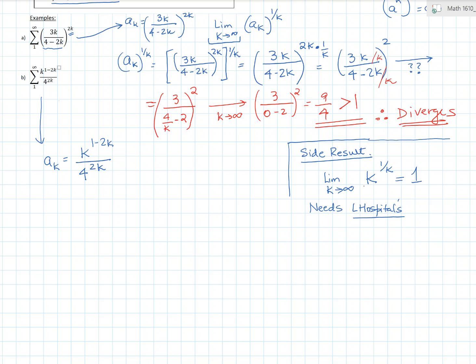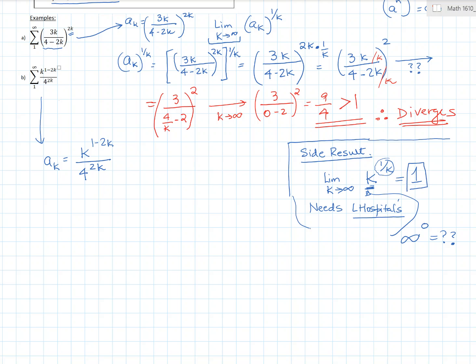As k goes to infinity, we have infinity raised to the power 1 over k. Now as k goes to infinity, 1 over k goes to 0. So it's infinity raised to the power 0, which is not clear. But by using L'Hopital's rule, we can show that it actually turns out to be 1. Okay, so let's keep that in mind.